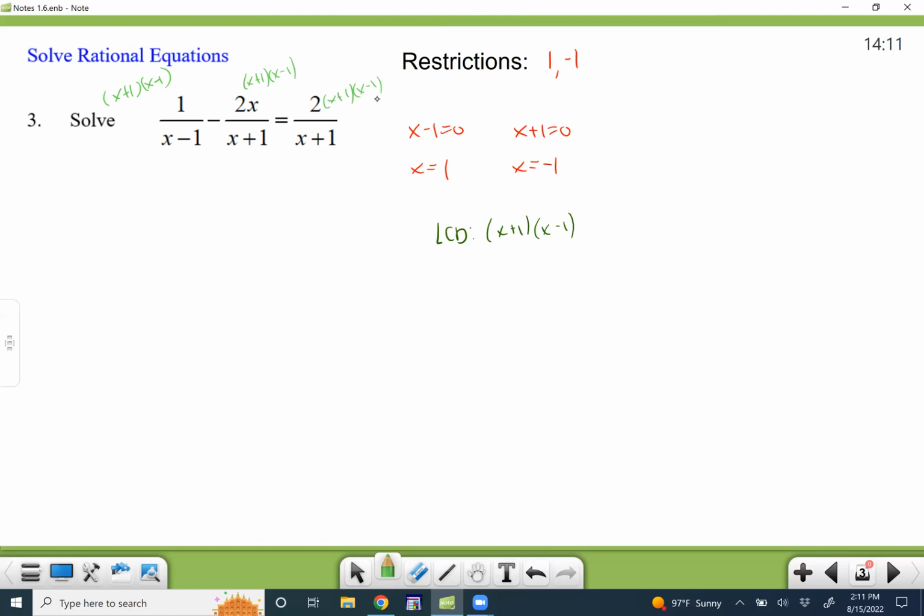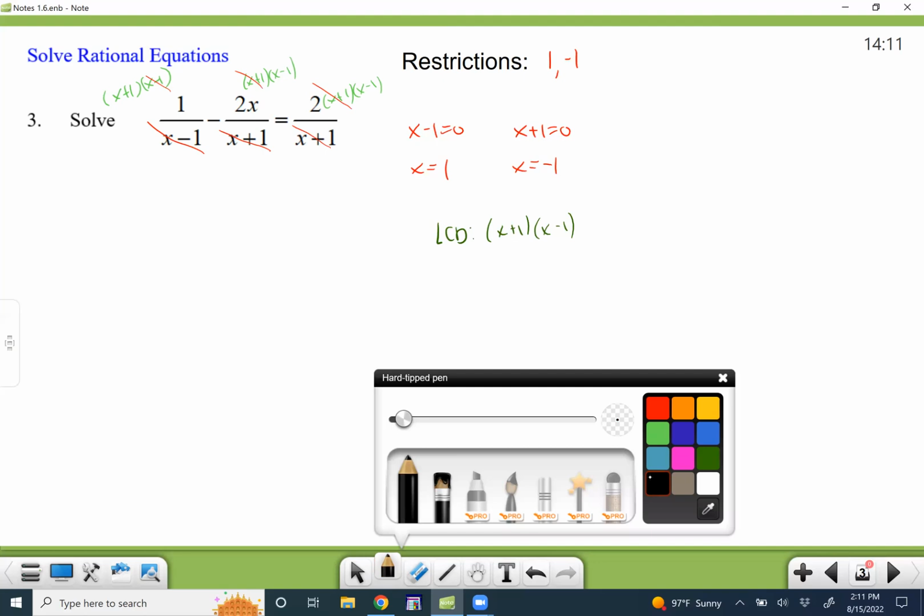Then you're just going to start crossing stuff off. Why do we do this? To get rid of the fractions. The denominator's gone here, here, and here. If all the denominators are gone, then there's no longer fractions.